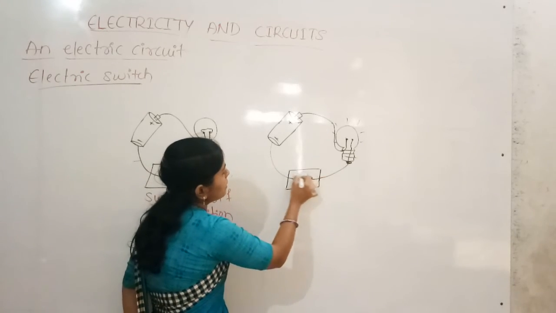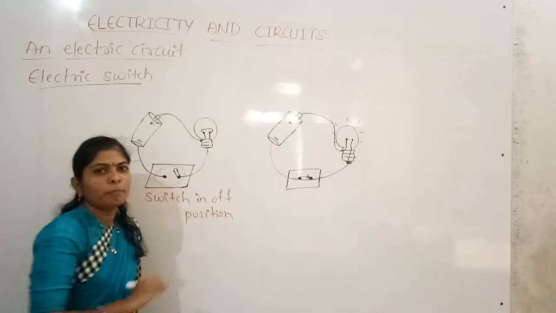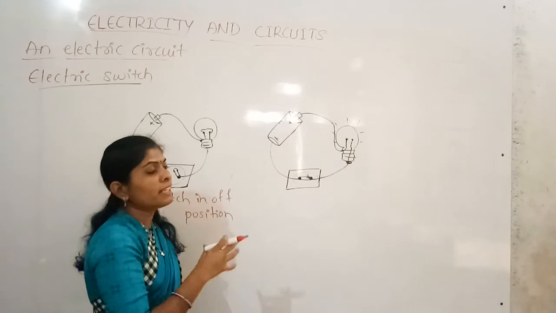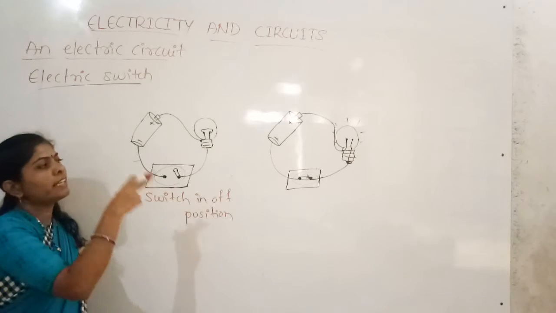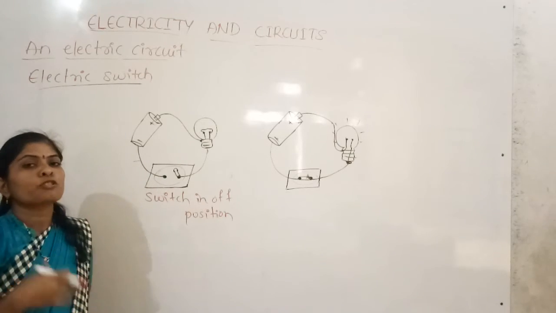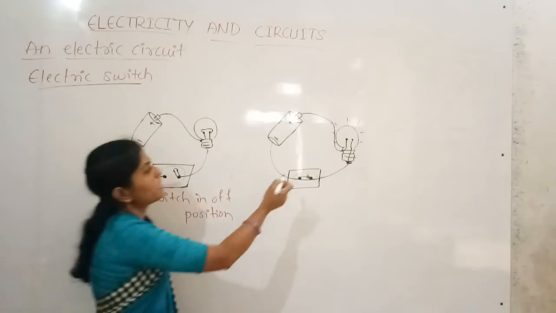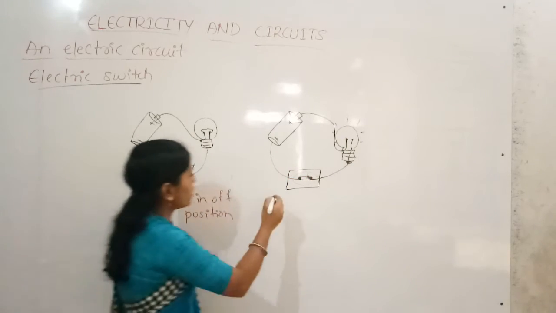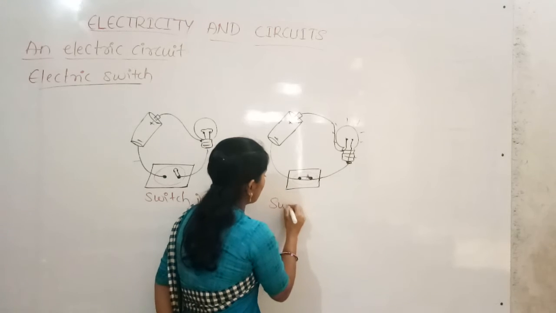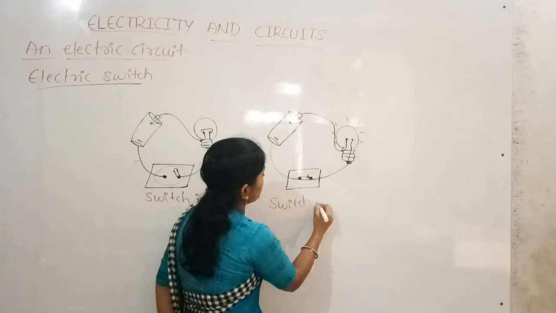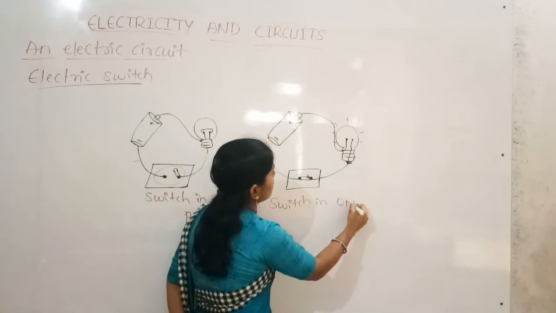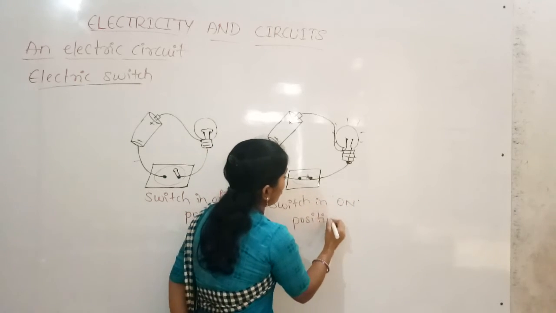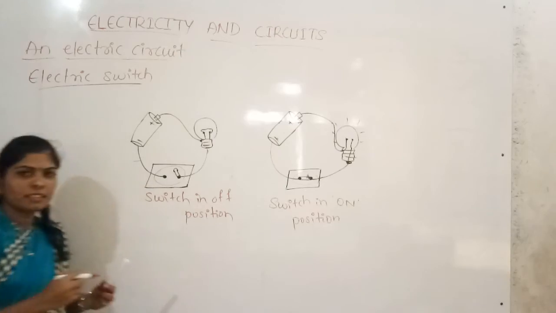So here the circuit is closed, which means it is a complete circuit. When the circuit is complete, there is the flow of electricity. When the flow of electricity takes place, the bulb will be on. So we can say the switch is in on position. Now the switch is there in on position, right?